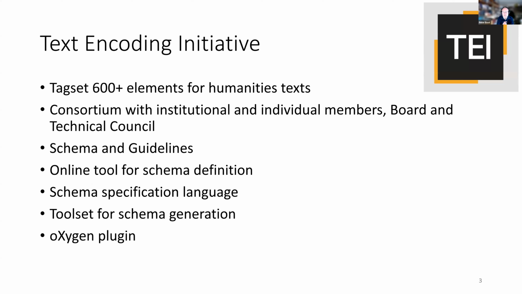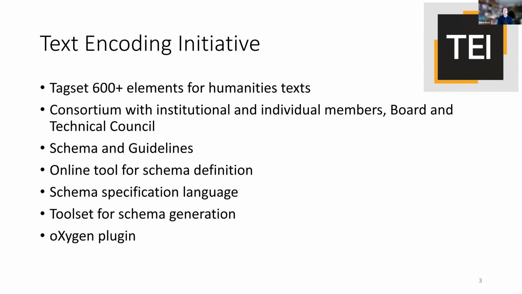So the Text Encoding Initiative is a text set of more than 600 elements, mostly for humanities text. TEI is especially popular in libraries, for digital editions, for digital heritage text, and with publishers.